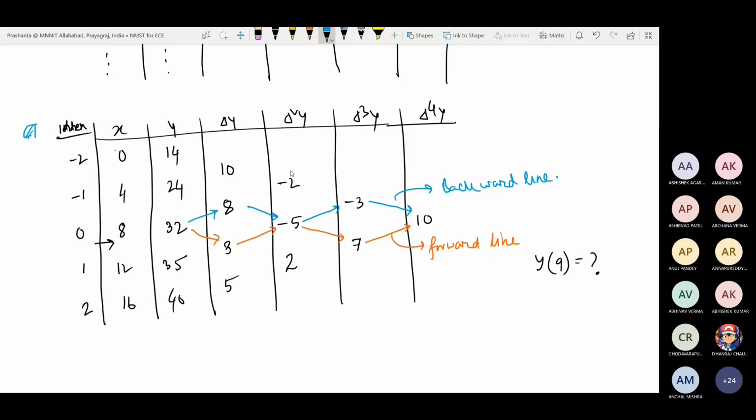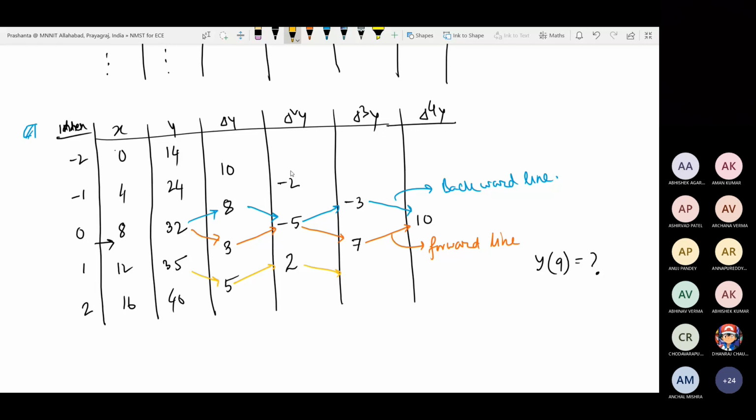Now instead of 8, if you had chosen 12 as center, which line would have been the forward line? It would be 35 to 5, 5 to 2, and then no more data points are there. It will stop there. So it is not wise to choose 12 as center because higher order forward differences are not available.